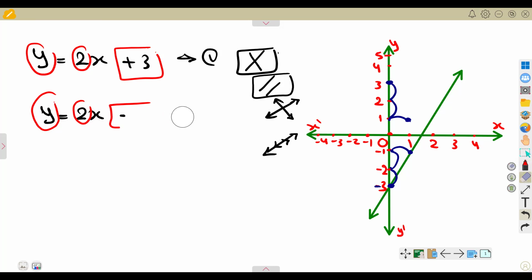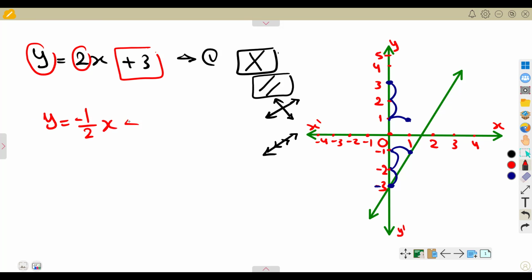But what about if this one is y equals x plus 3 and the second one is y equals negative half x plus 2? Perpendicular. Do you know why?